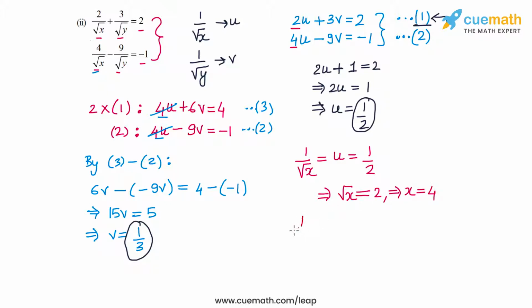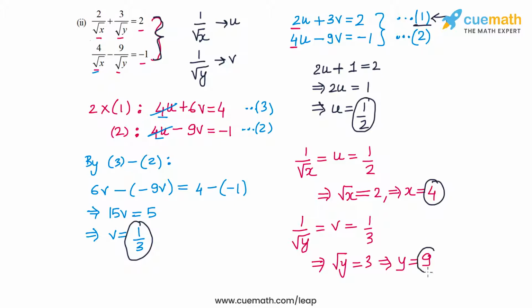And similarly we have 1 by root y equal to v, which is equal to 1 by 3, and this means that root y is equal to 3, and hence y is equal to 3 square or 9. So our final answer, the values of x and y that satisfy this pair of equations, is x is equal to 4 and y is equal to 9.